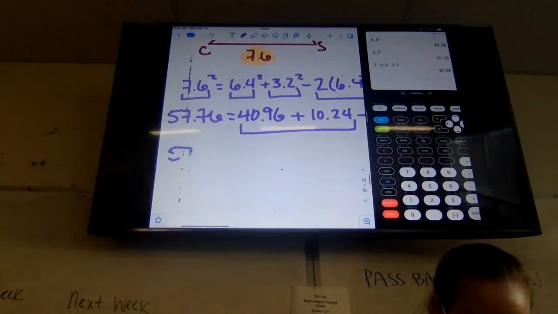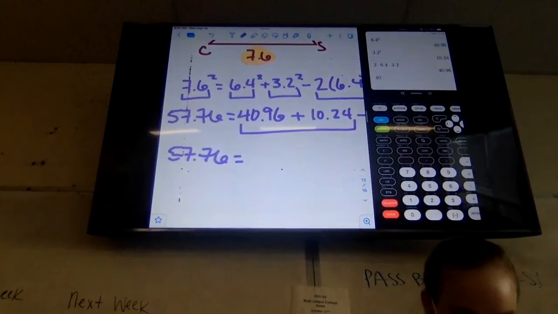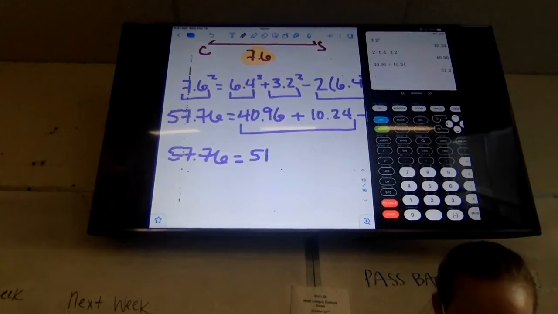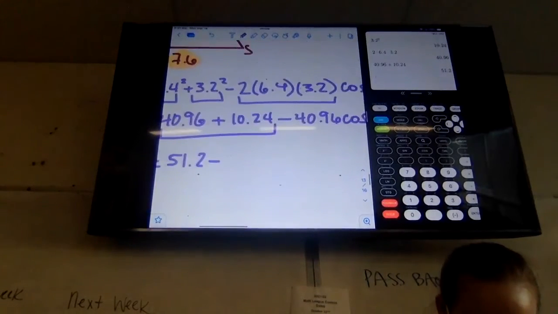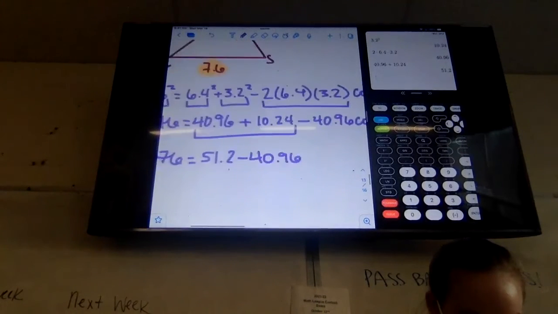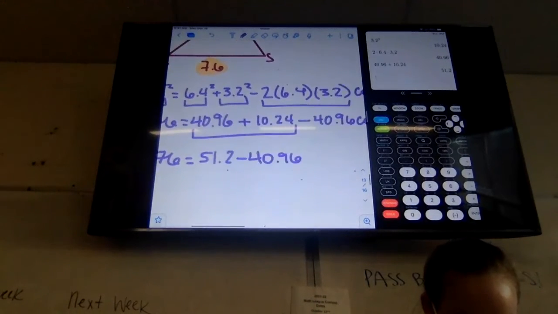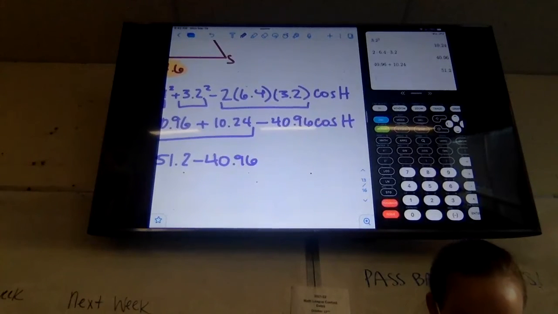So I've still got my 57.76. I'm going to add 40.96 plus 10.24, and I get 51.2, minus that 40.96 cosine h.